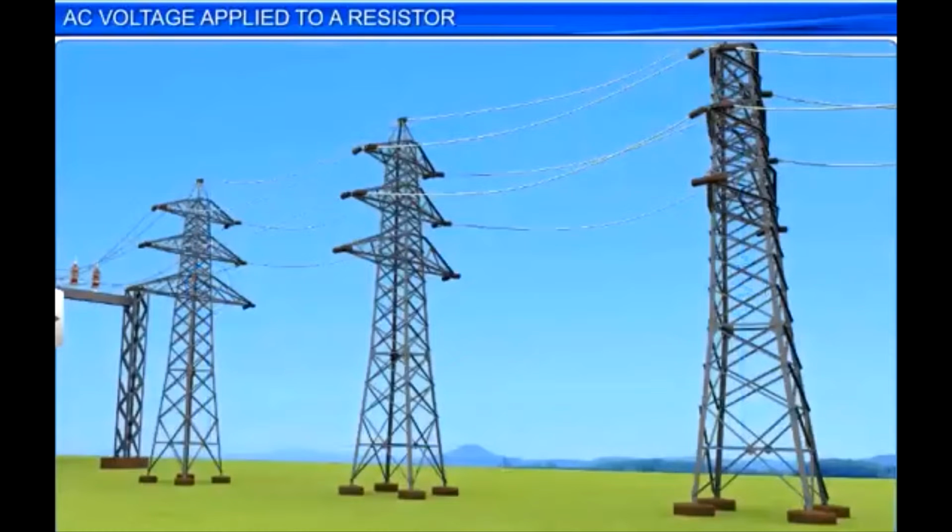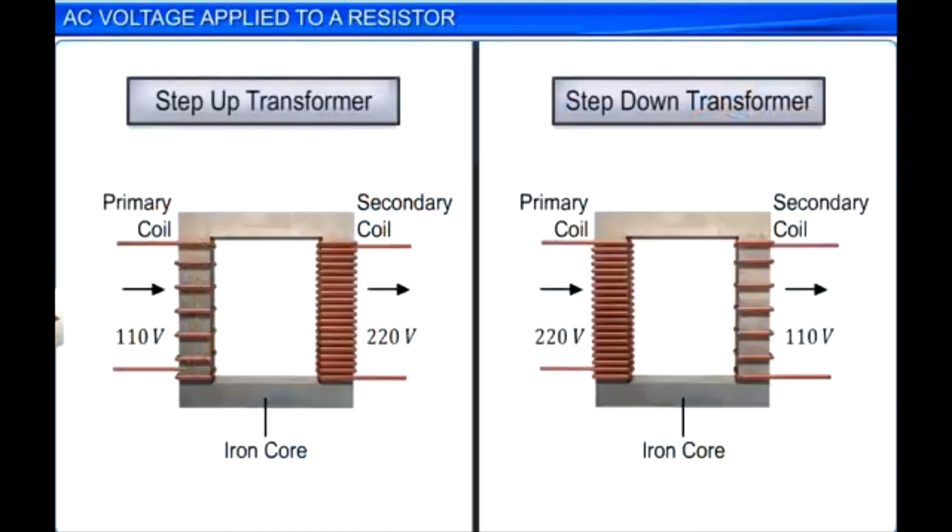Electrical energy supplied to consumers is transmitted and distributed through power grids as alternating current. AC is preferred to DC mainly because AC voltages can be easily and efficiently converted from lower to higher voltages and vice versa using transformers.